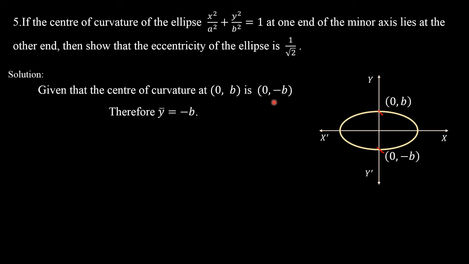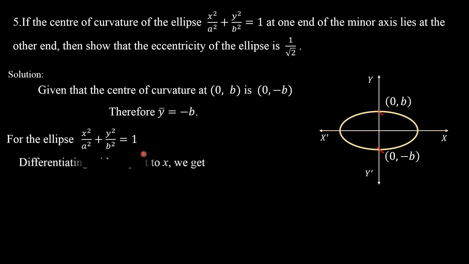Okay. Now just consider the given curve, that is the given ellipse x²/a² + y²/b² = 1. Let me just differentiate the given curve with respect to x. So what is the derivative of x²? Differentiation of x² is 2x divided by a², as it is, plus 1/b² into the derivative of y².